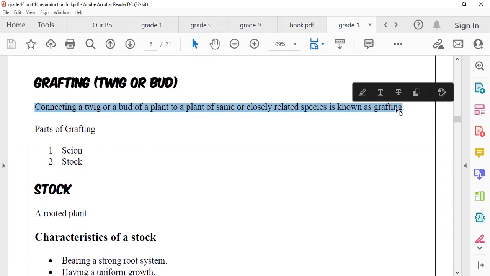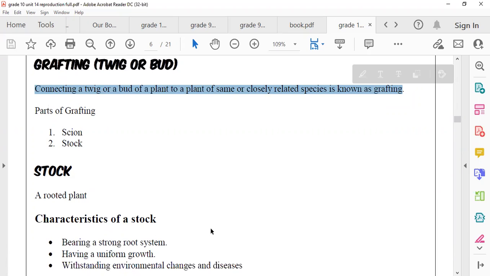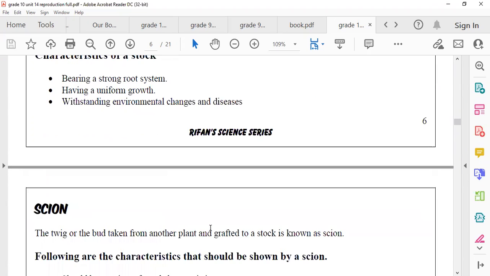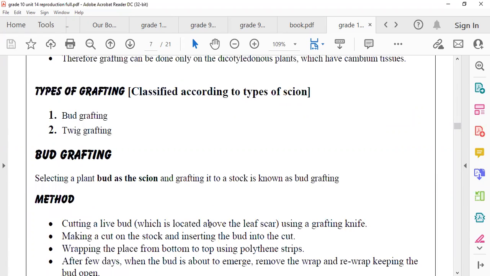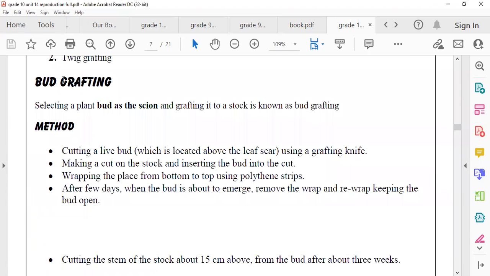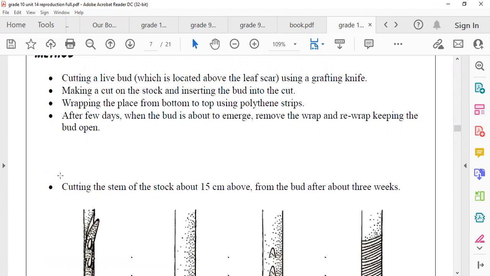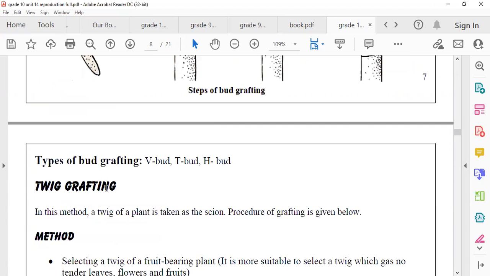In grafting, there are two parts, that is scion and the stock. First of all, we will go for the types of grafting. There are two types of grafting. One we call bud grafting, and the other one we call twig grafting.